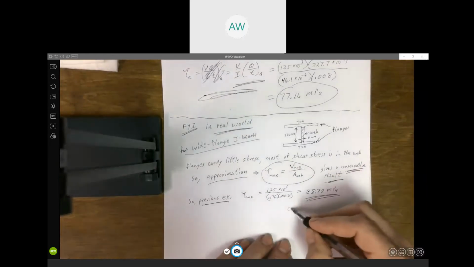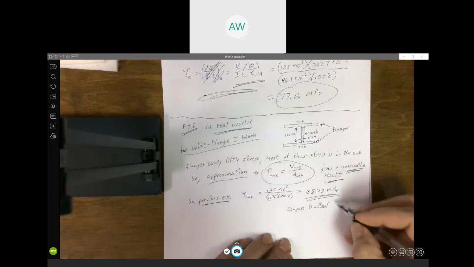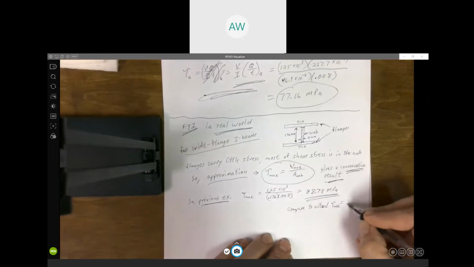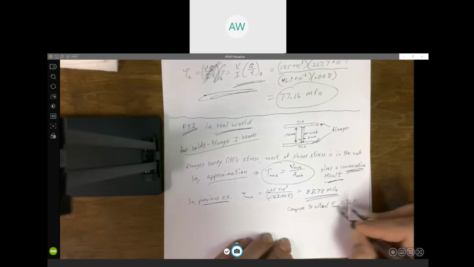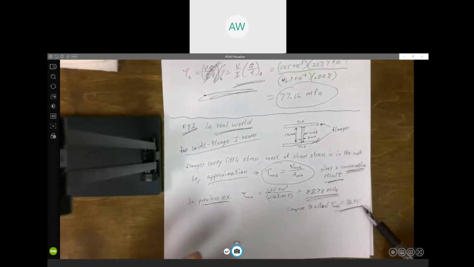And again, compare to the actual, tau max was 86.95. So the actual maximum was basically 87 megapascals.